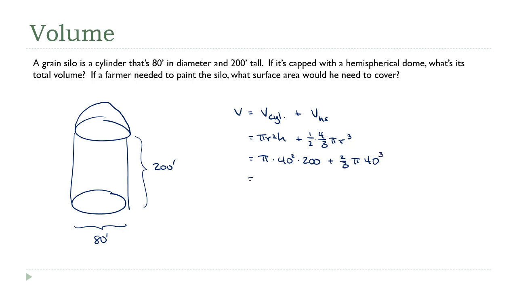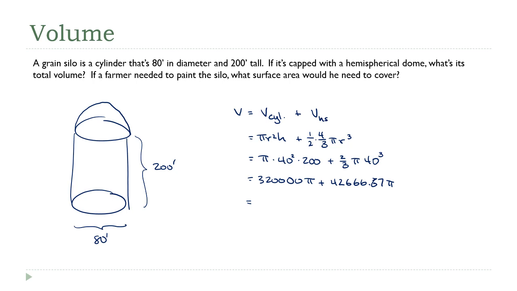And now we're coming to the point where you probably want to get your calculator out. This is 320,000 pi plus 42,666.67 pi.